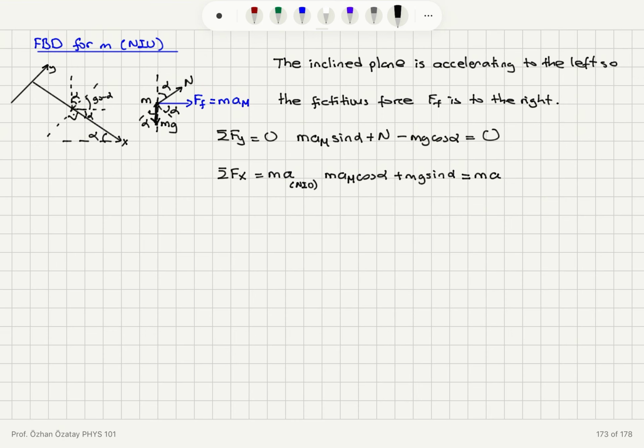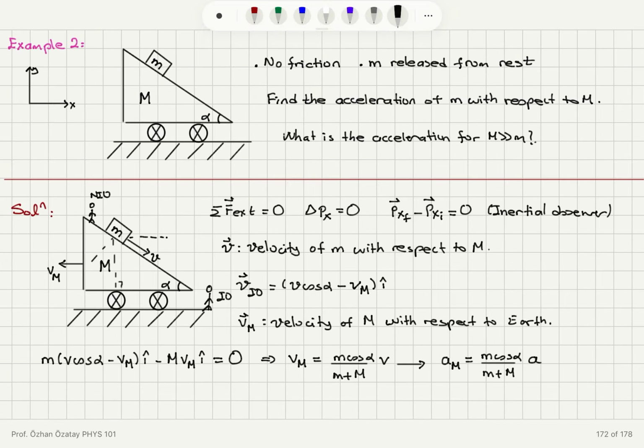So if I rewrite this equation here, this is going to be m times acceleration of capital M, which can be written in terms of acceleration a from this analysis here.